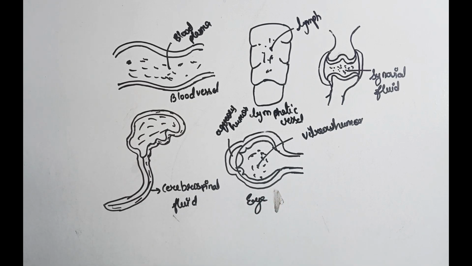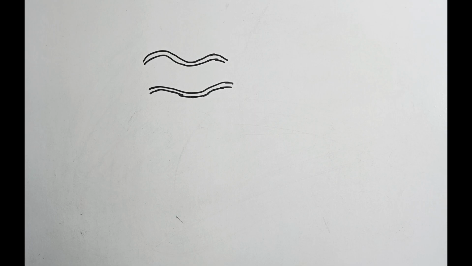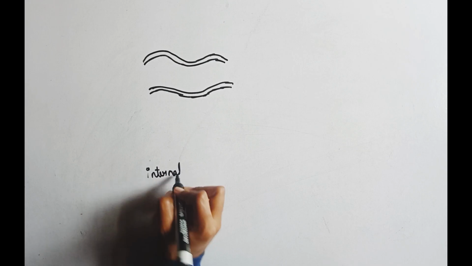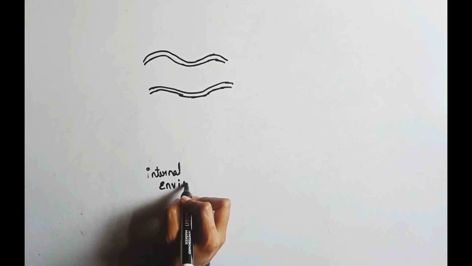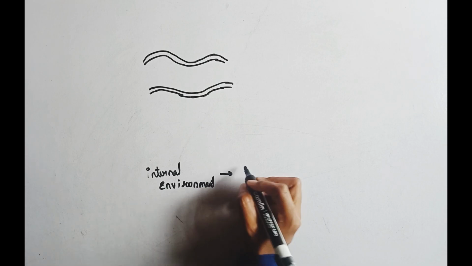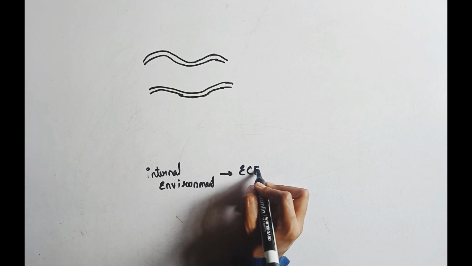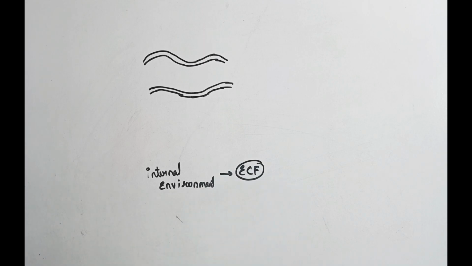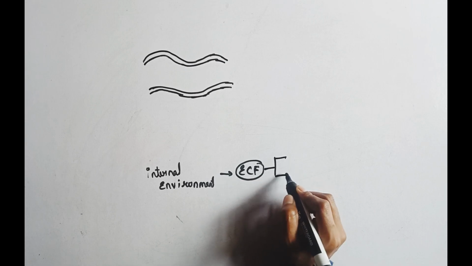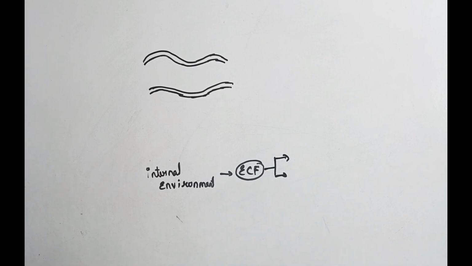Next, what is the external environment? External environment means outside the body, or the surroundings. And what is the internal environment? Internal environment means inside the body, and actually the internal environment means the extracellular fluid. There are two types of extracellular fluid.